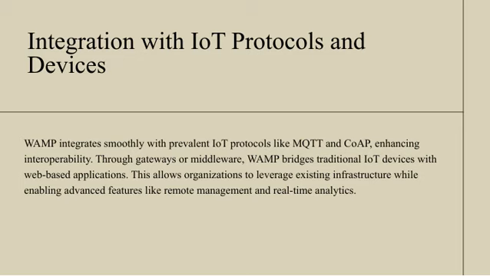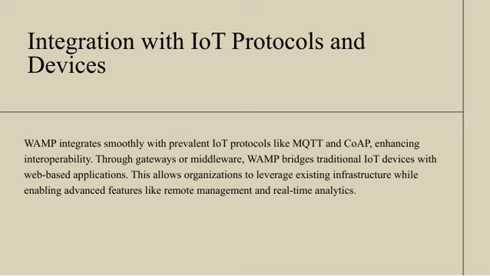Now, let's talk about how WAMP integrates seamlessly with common IoT protocols like MQTT and CoAP. This compatibility really boosts interoperability, meaning different devices and systems can communicate more effectively. By using gateways or middleware, WAMP acts as a bridge, connecting traditional IoT devices with web-based applications.